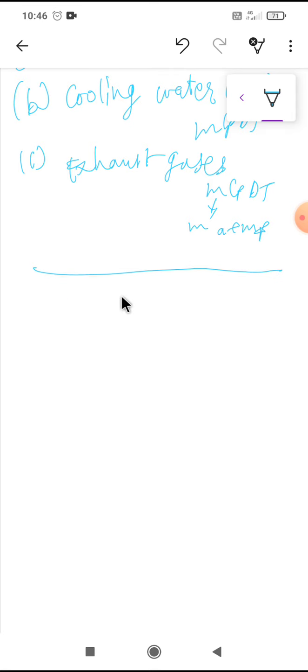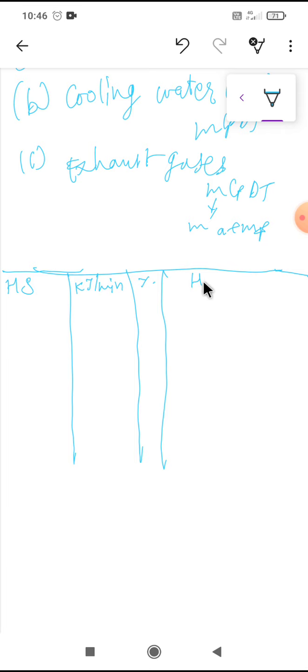So we'll prepare a table. Heat supplied here on the left hand side, so I will just write here, suppose heat supplied, in kilojoule per minute, then percentage, then heat expenditure, in kilojoule per minute, and then percentage.